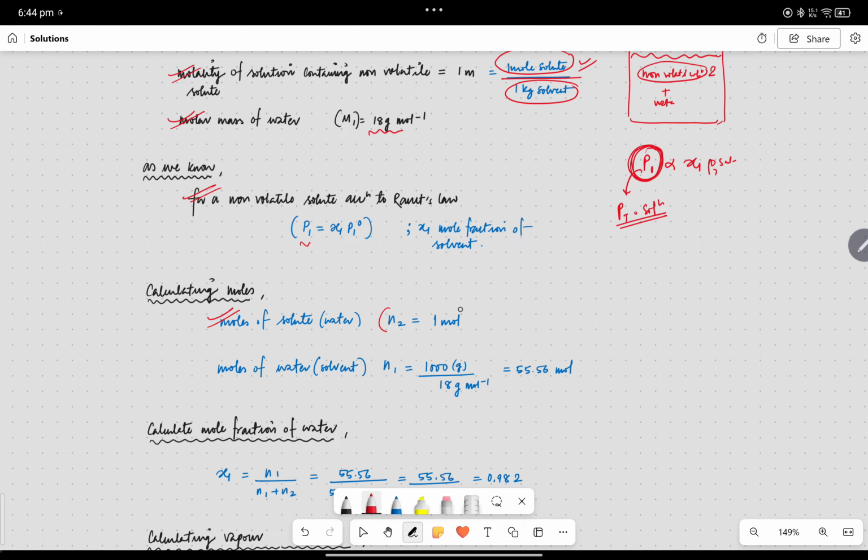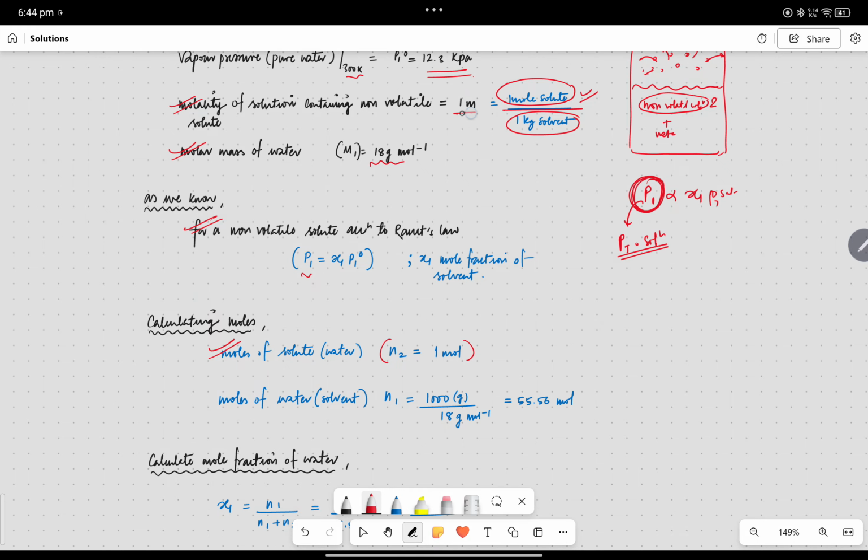After that, you have to calculate the moles of solute. It is given from the concentration formula: the molality of the solution is 1, which means 1 mole of non-volatile solute is present in 1 kg of solvent, meaning 1 kg of water, right? So 1 mole of solute is present in 1 kg of water, that is 1000 gram of water.